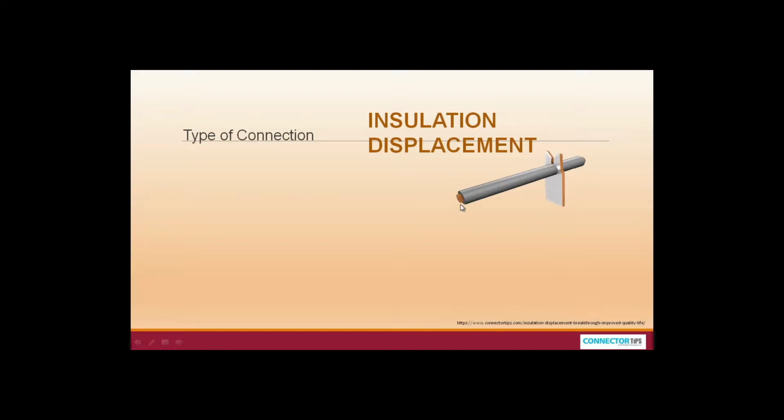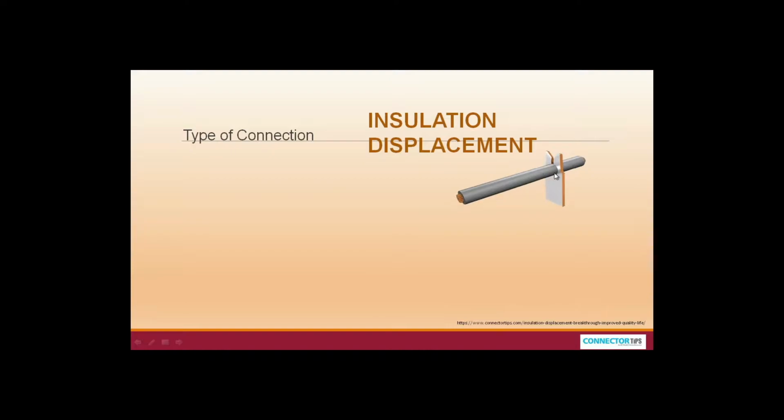Insulation displacement is meant to work with solid core wires, because you're just pushing the insulated conductor inside the terminal. That terminal bites into the insulation and makes a connection with the wire inside.